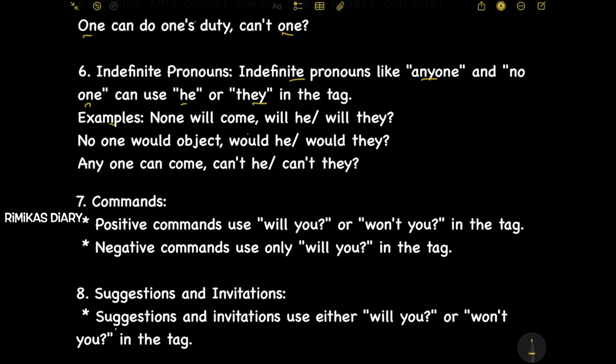Or you could say none will come, will they? No one would object, would he? Or no one would object, would they? Anyone can come, can't he? Anyone can come, can't they?